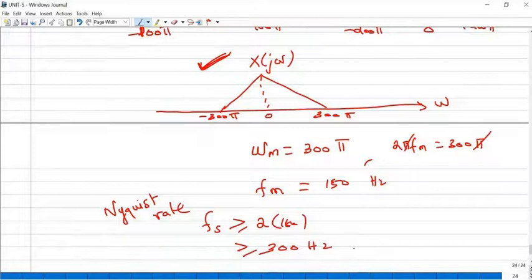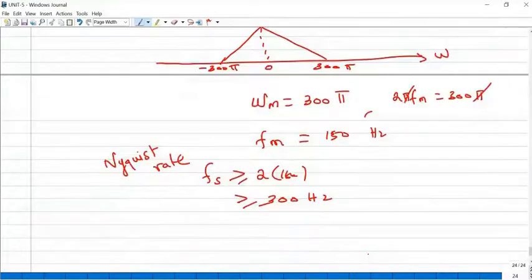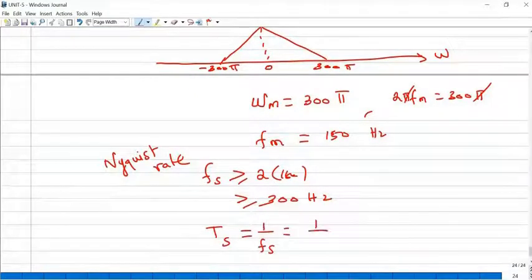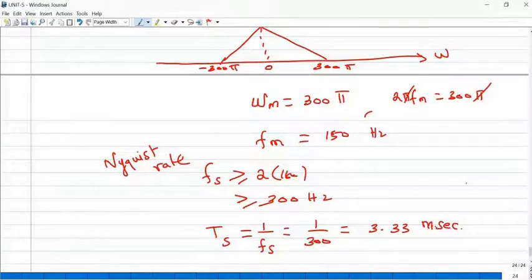Ts equals 1 by Fs, 1 by 300 hertz, which is 3.33 milliseconds. So that's all about problems in the sampling theorem.